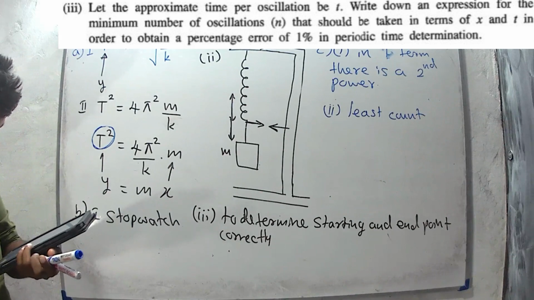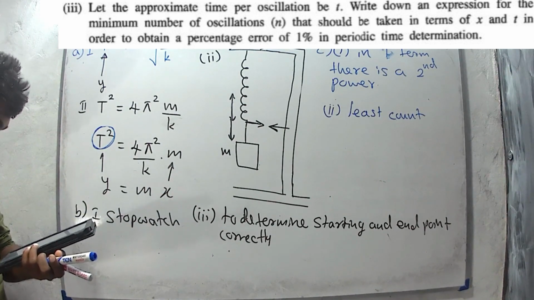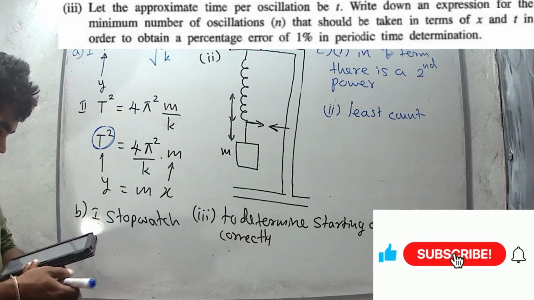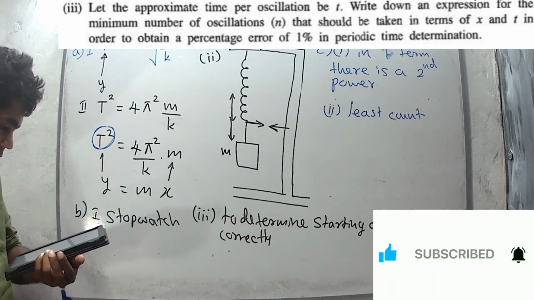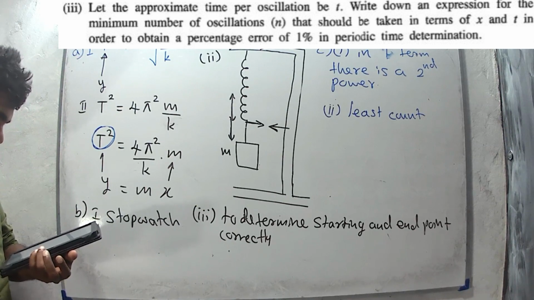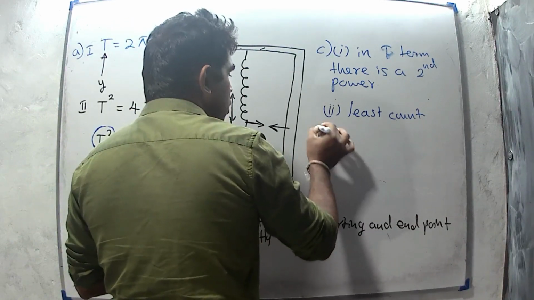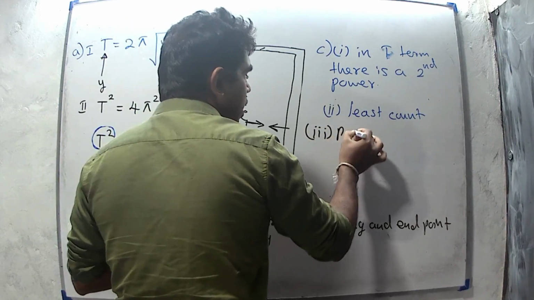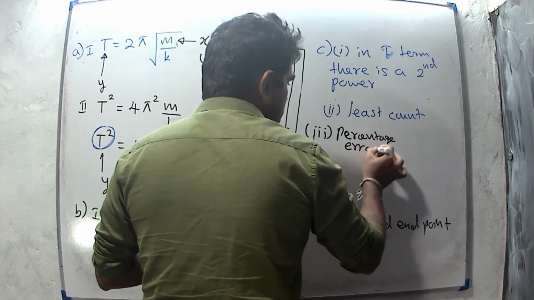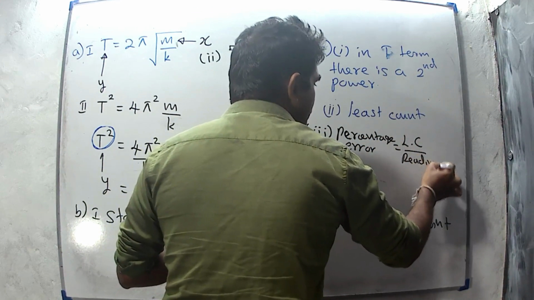Then part 3, let the approximate time per oscillation be T. Write down an expression for the minimum number of oscillations n that should be taken in terms of x and T in order to obtain a percentage error of 1% in the periodic time determined. Percentage error should be 1%. Then we have to write the equation for percentage error. Percentage error equals least count divided by reading multiplied by 100%.